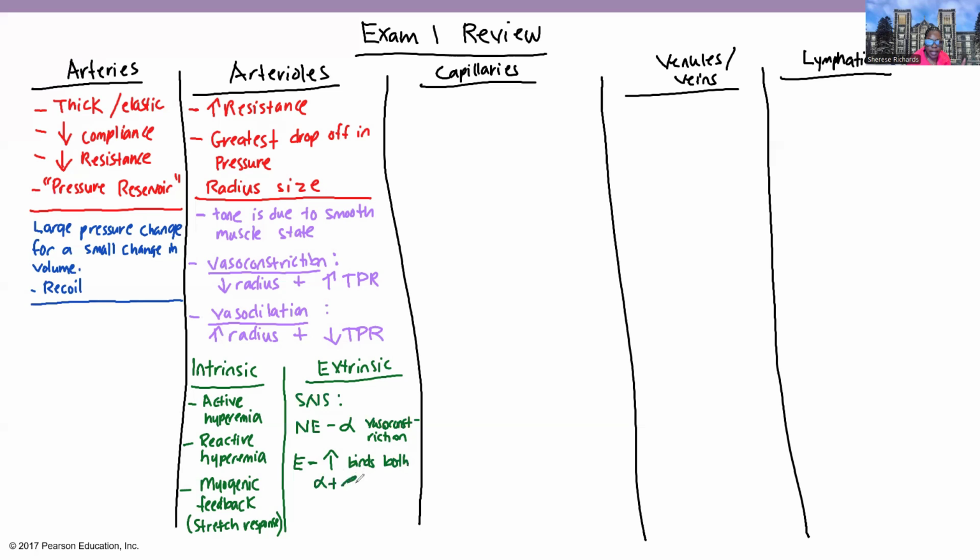alpha and beta. Alpha is going to be widespread vasoconstriction everywhere except the brain. Beta is going to be just to cardiac and smooth muscle. But at high concentration, it binds both. Alternatively, at low concentration, it binds beta only. That is to say that at low concentrations, it's only causing vasodilation on cardiac muscle and smooth muscle.